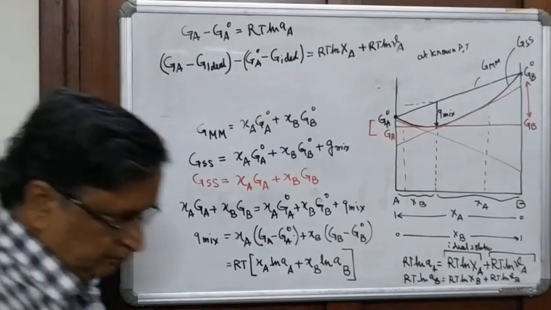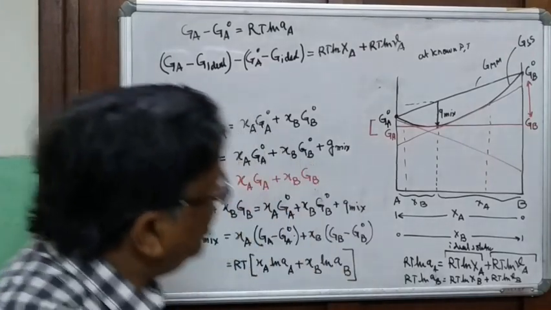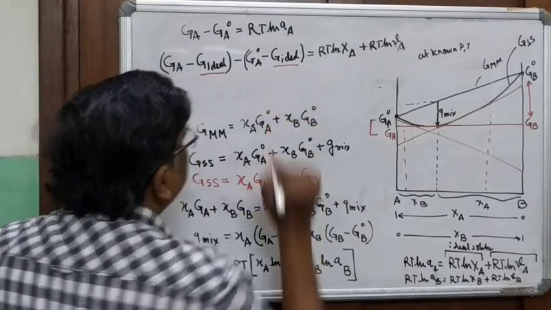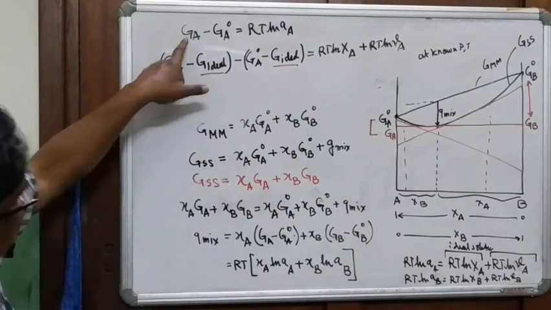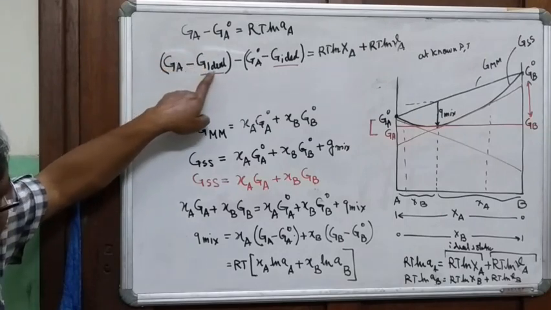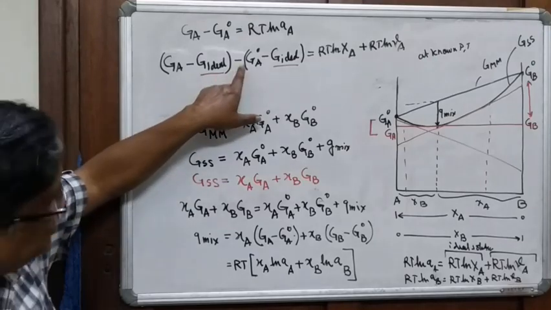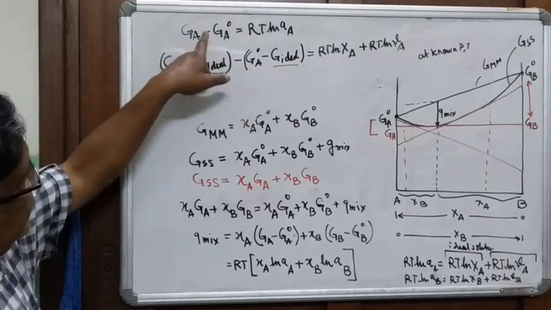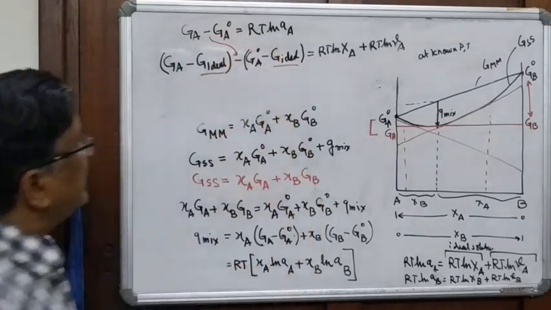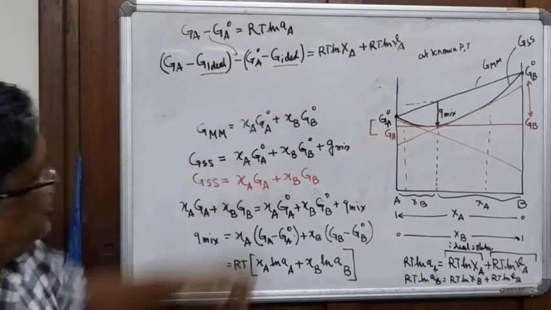What have I done? The catch here is of use of this term. Now you see here. This term GA is here. I have introduced it as minus G ideal. And this one, the negative sign stays. I have written GA0 minus G ideal.